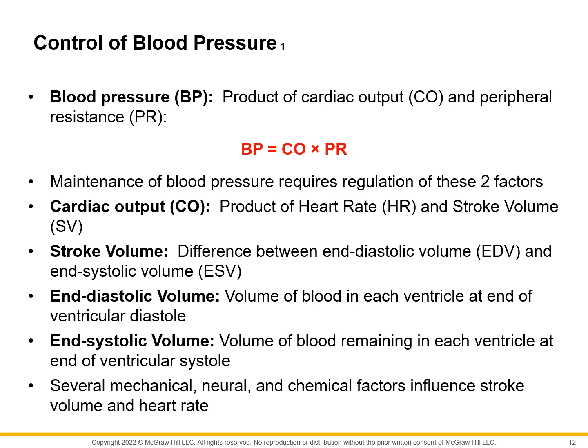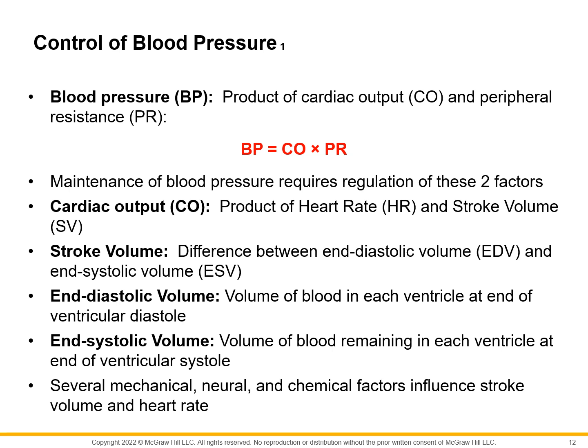So what is end diastolic volume? This is the volume of blood in each ventricle at the end of ventricular diastole, after the ventricles become full. This amount of blood will for sure affect the stroke volume. And the end systolic volume is the volume of blood remaining in each ventricle at the end of ventricular systole.